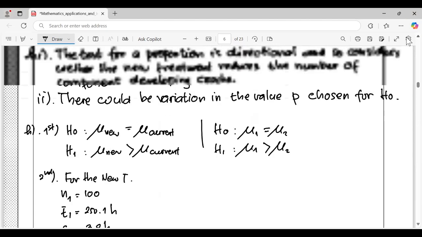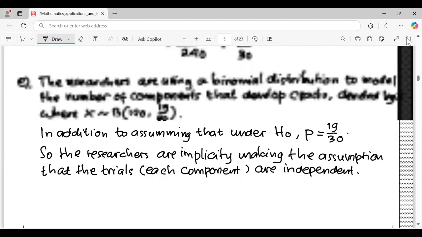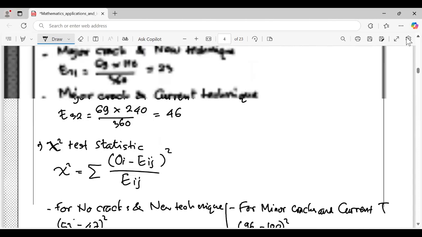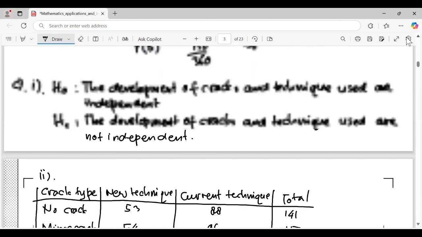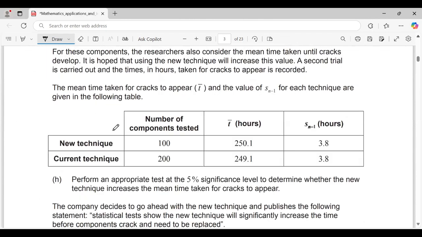This data you can see in this table. So for the new technique, n1 is 100, this is the mean time t1, and this is the standard deviation s1, 3.8 hours.